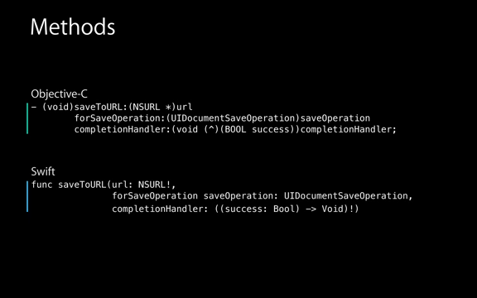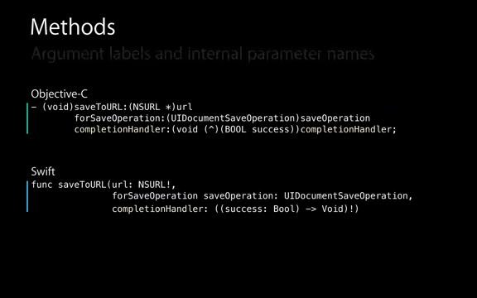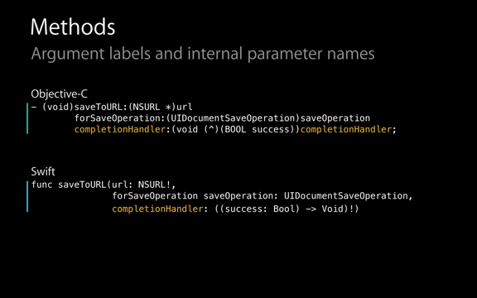And here there are two different things I want to talk about. First thing is the naming of these argument labels and the internal parameter names. So here in Objective-C, you always have a selector piece, goes before the colon, and then you have the name of the internal parameter that you use when you're defining the method in your .m file. In Objective-C, you always have to write both of these, of course, and many times they're the same, so you have some redundancy.